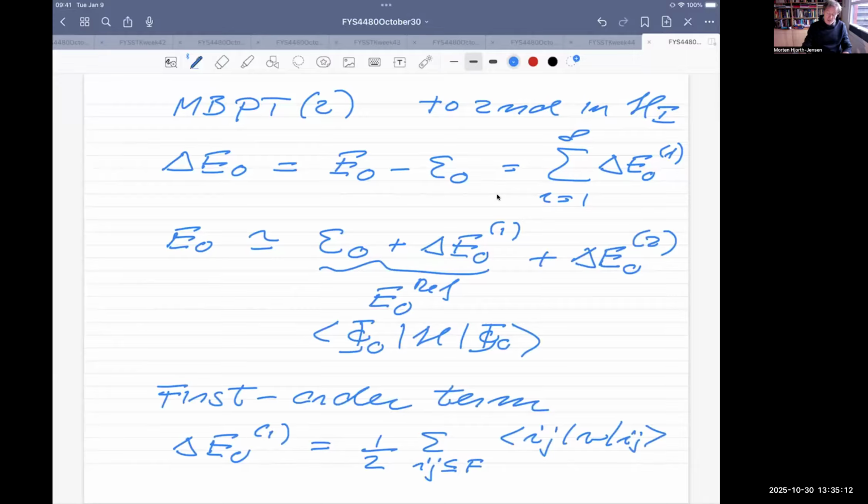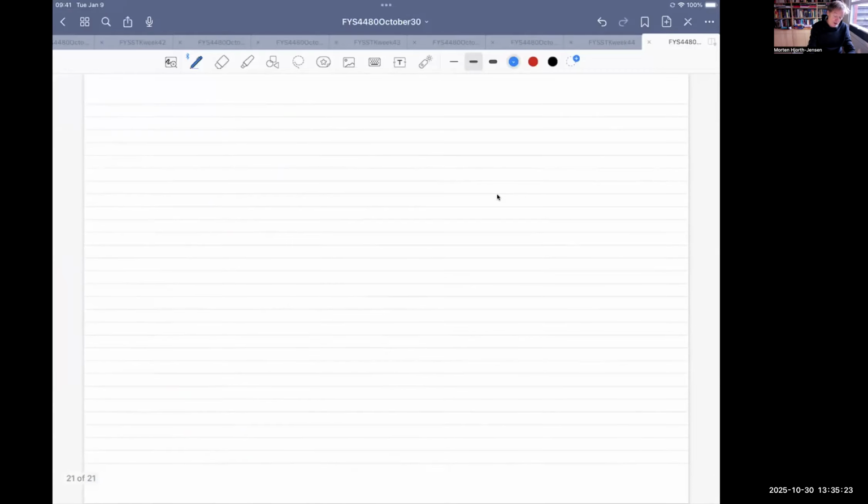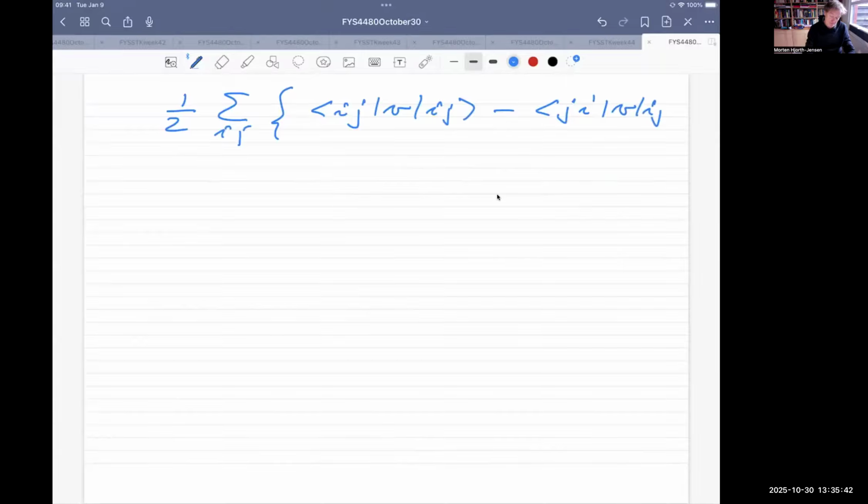So we have these integrals. One is a direct term and the other one is the exchange term. So what we have in this specific case is something which we can then rewrite. So if we look at these terms, 1/2, and let's set them up here now. So we would have the direct term. This is one integral. And then we have the exchange term where we have ji and V of ij.